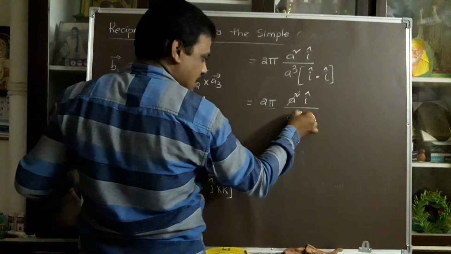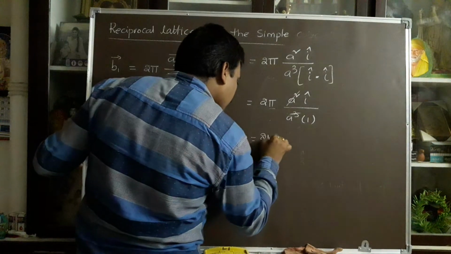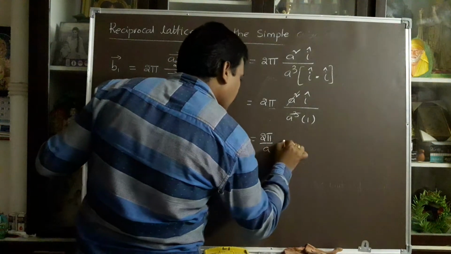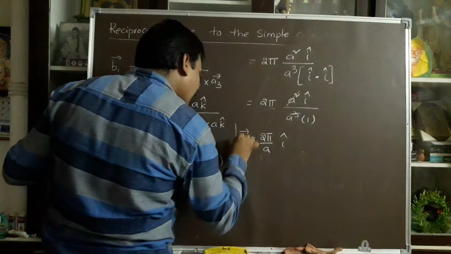Here a square is cancelled with the denominator, and finally you get 2 pi by a into i cap. This is called the b1 bar vector.